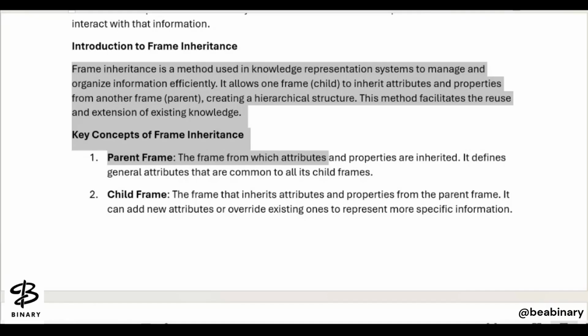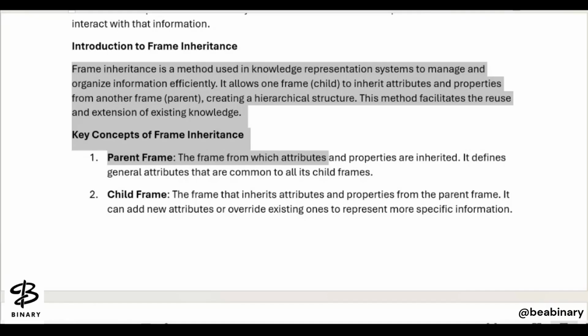A person in a university is a parent class, we can say, and the professors in the university will inherit the properties of a person. The students will also inherit the properties of a person. A non-teaching staff member will also inherit the properties of a person. So all these are children of the person class.